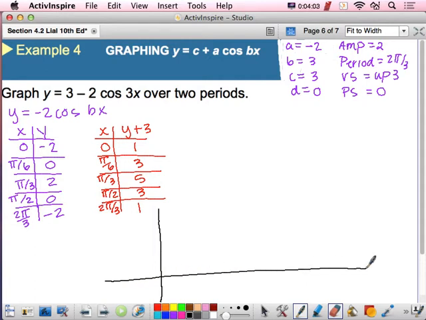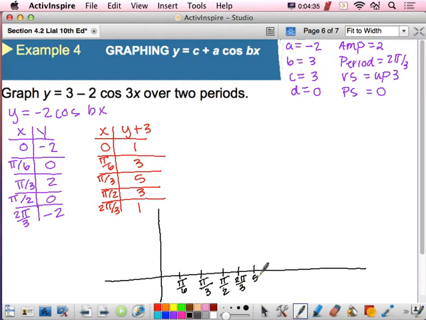Okay, so we'll start at 0. We'll go to pi over 6. 2 pi over 6 is pi over 3. Well, I said it and didn't write it. 3 pi over 6 is pi over 2. 4 pi over 6 is 2 pi over 3.